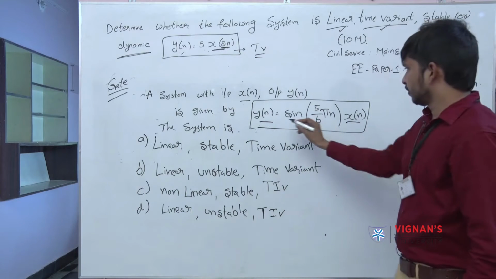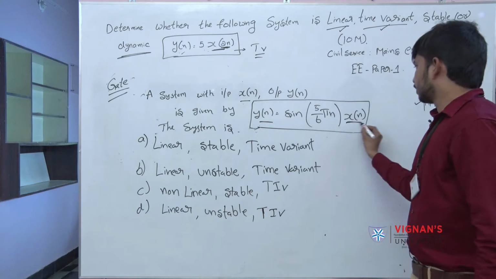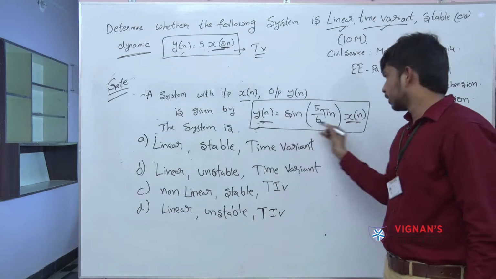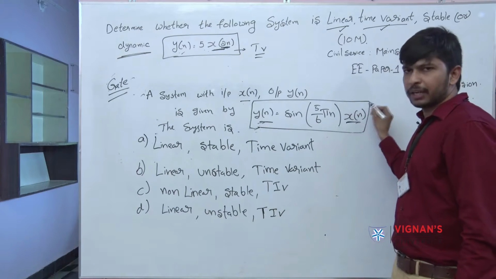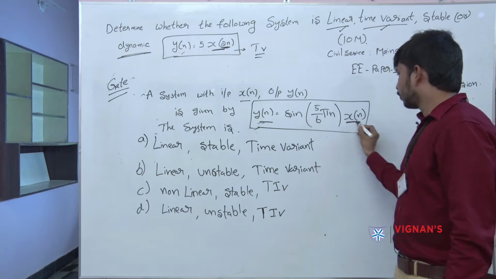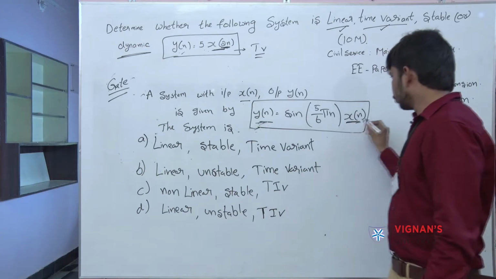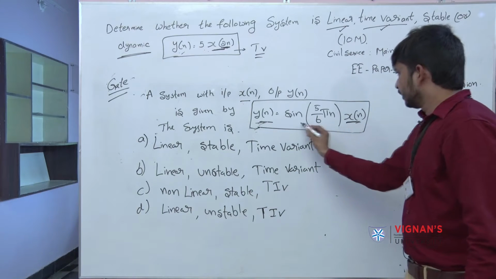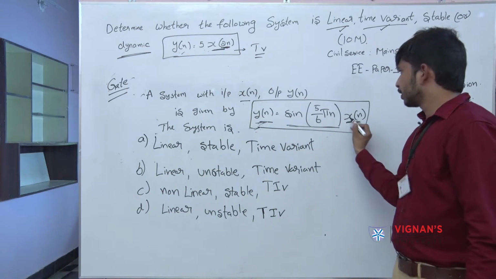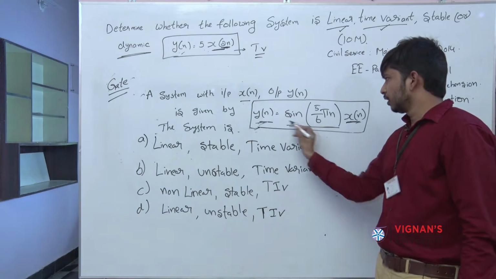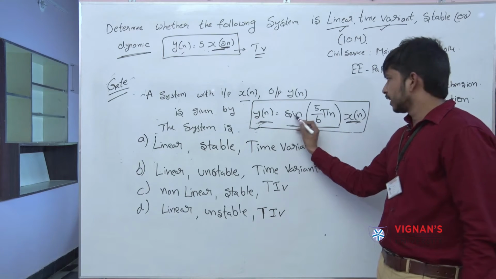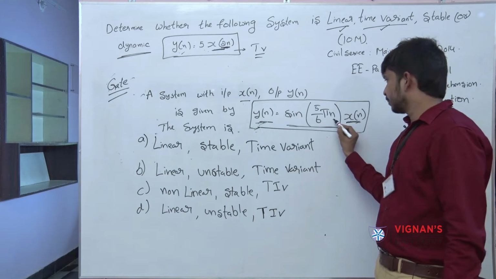From the conclusions, observe the system. Input is x of n, output is y of n. Are there any operations on the input and output, like x square, log x of n, sine of x of n? No operations are performed, there are no initial conditions, and the coefficient of x of n, sine of 5 by 6 pi n, is in terms of n.